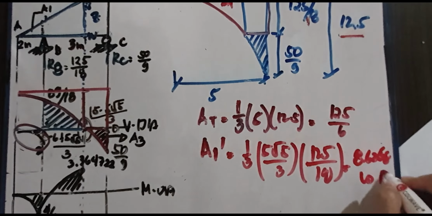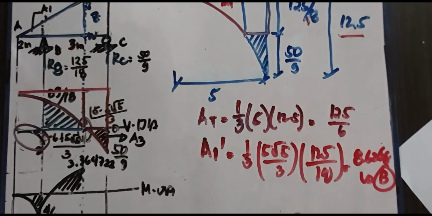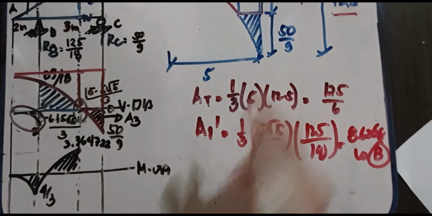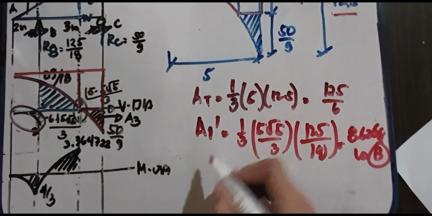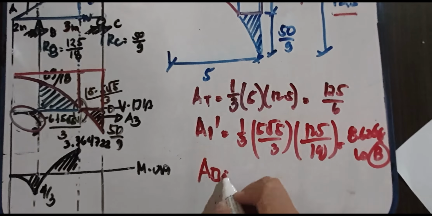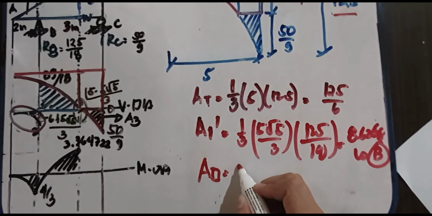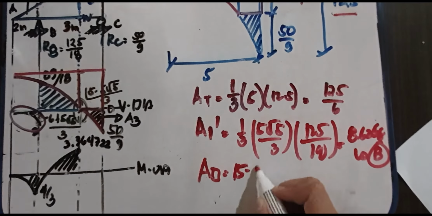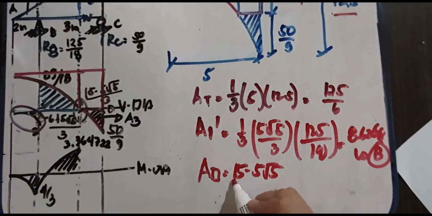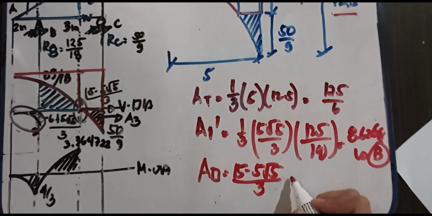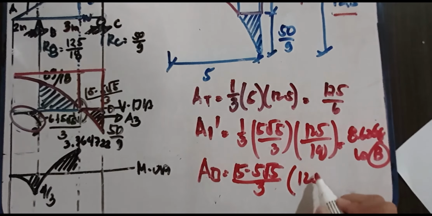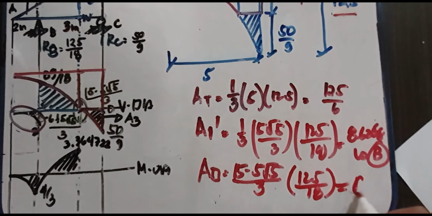Store natin kay B. Next, ito namang isa, we have area ng rectangle. That is 15 minus 5 square root of 5 all over 3, multiplied natin ng 125 all over 18. Store natin itong value na to kay C.